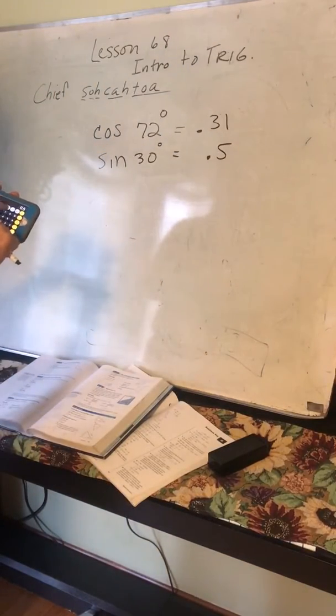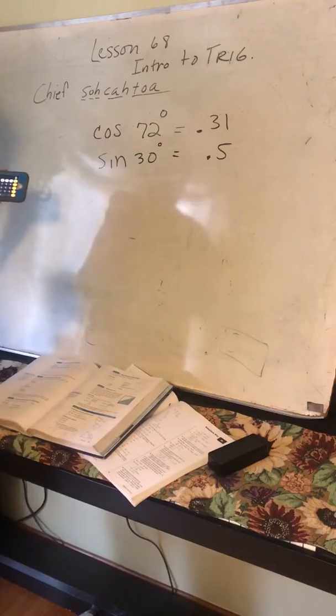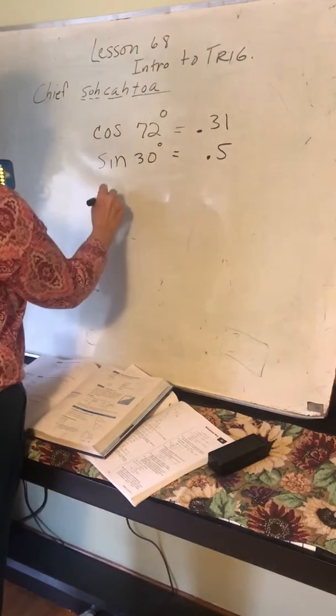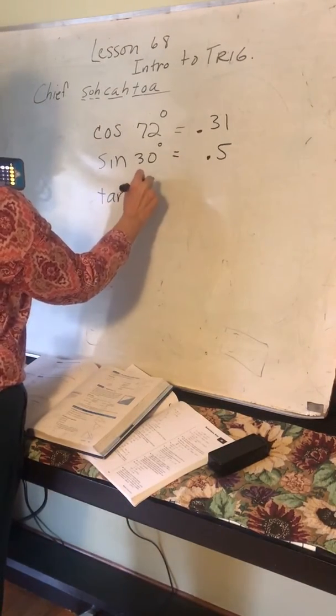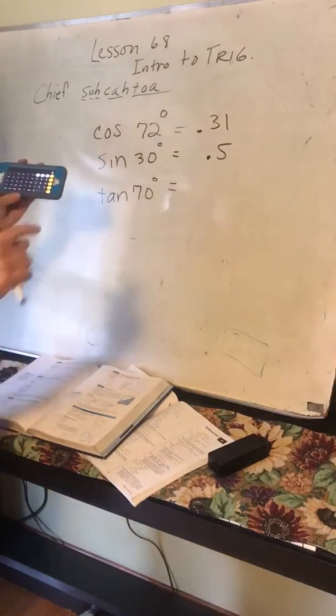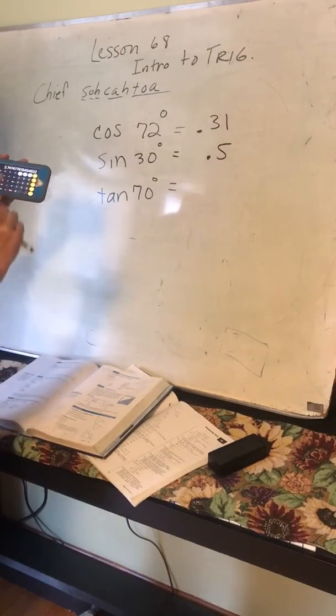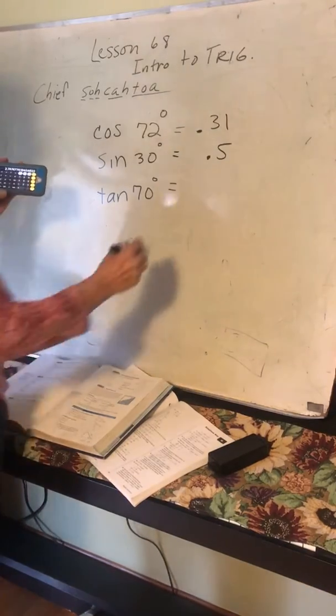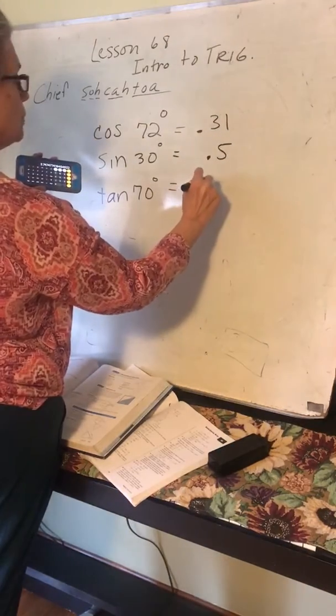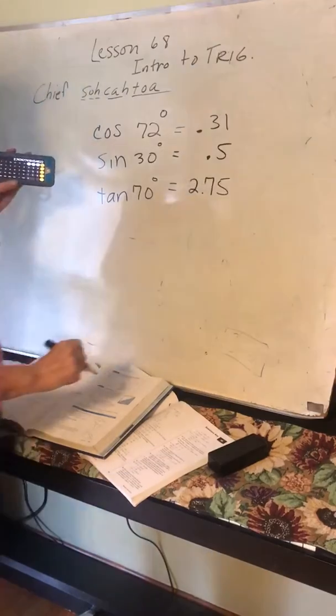And then clear that, and we'll do tan of 70, and you should be able to punch in 70 and the tan button, and you get 0.75 rounded.